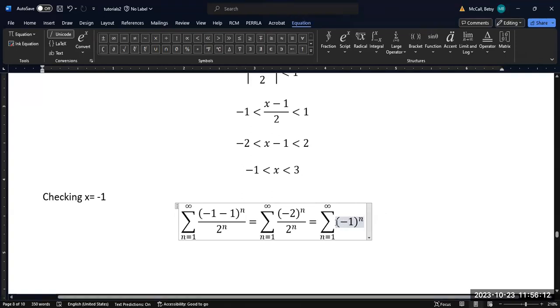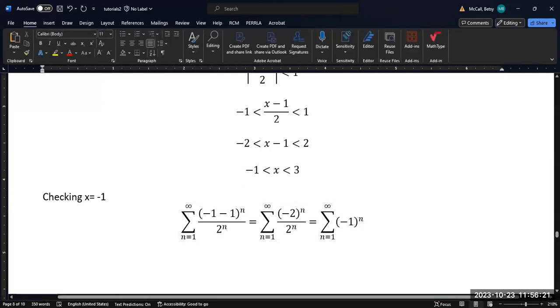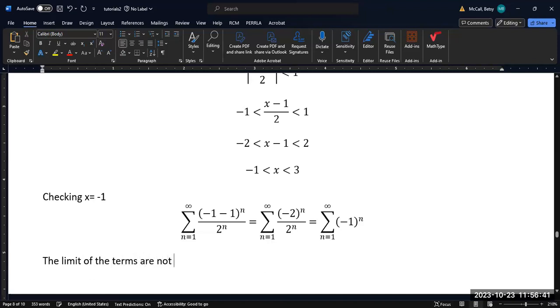If there's an n multiplying it, then it's going to continue alternating, but it's going to get bigger each time. And so you can call this the nth term test, because this limit is not going to 0, or you can apply the alternating series test, which says basically the same thing, that since the limit is not 0, it does not converge. So the limit of the terms is not 0.